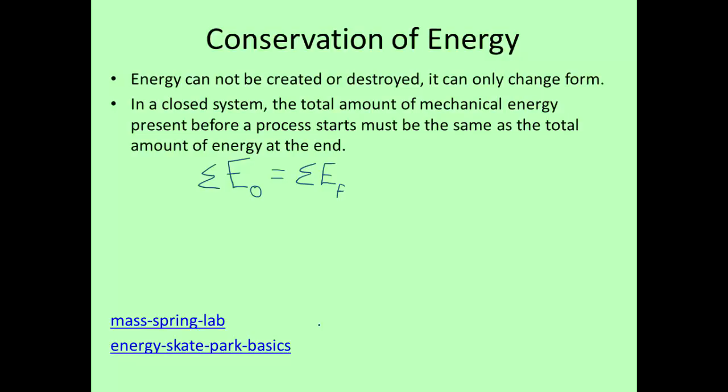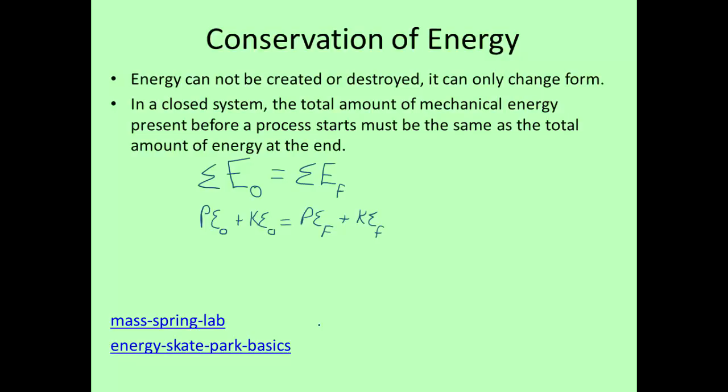Because we're only talking about mechanical energy, you need to keep in mind that what we're really saying is that the potential energy original plus the kinetic energy original is equal to the final potential energy plus the final kinetic energy. This potential energy could be elastic, could be gravitational, or it could be both.